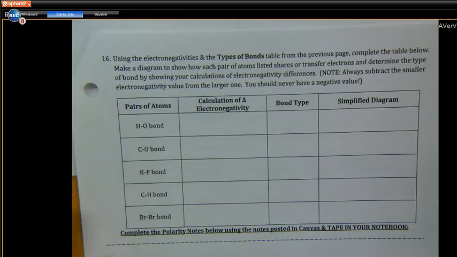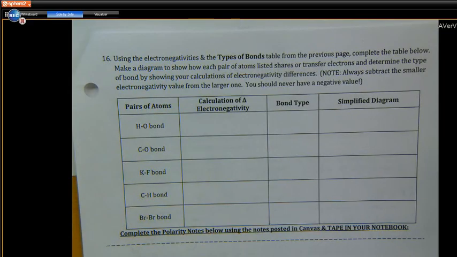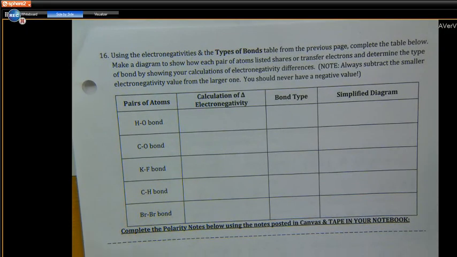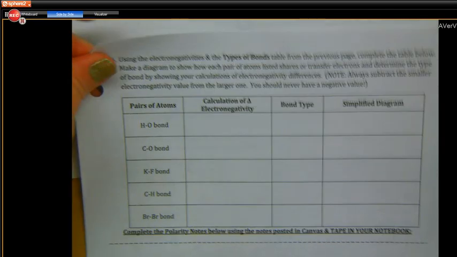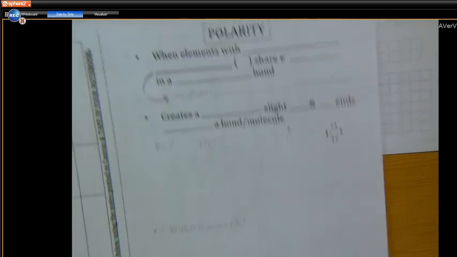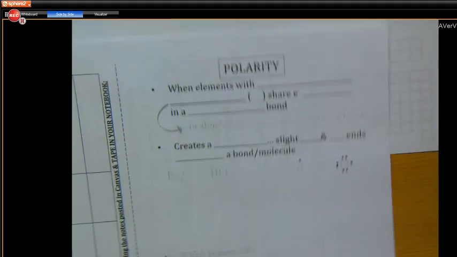So polarity, all this that we've been talking about right now: polarity is when elements with different electronegativities, or EN for short, share electrons unequally.